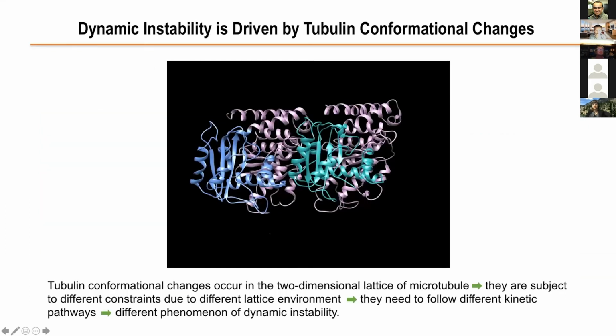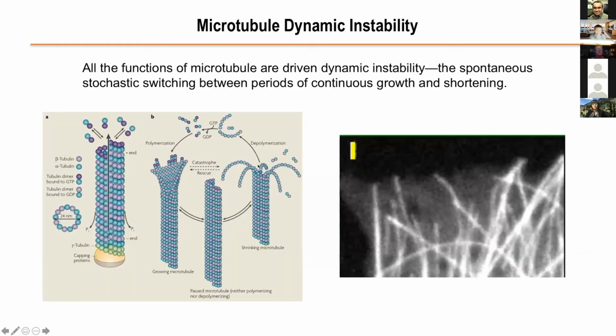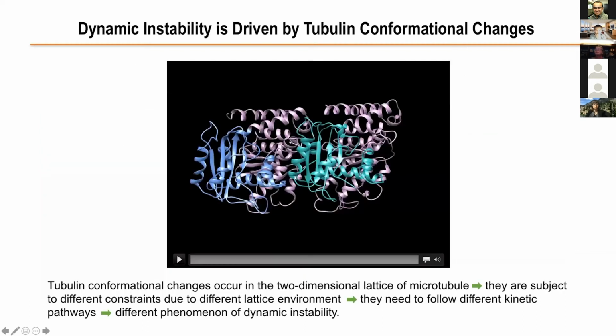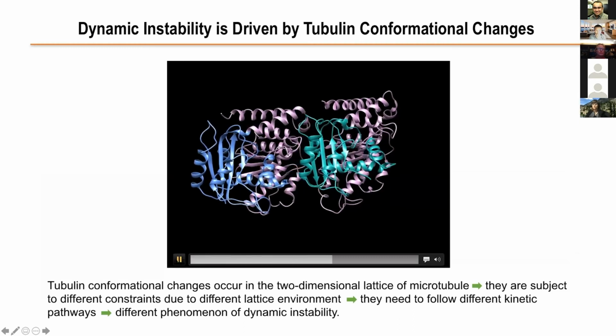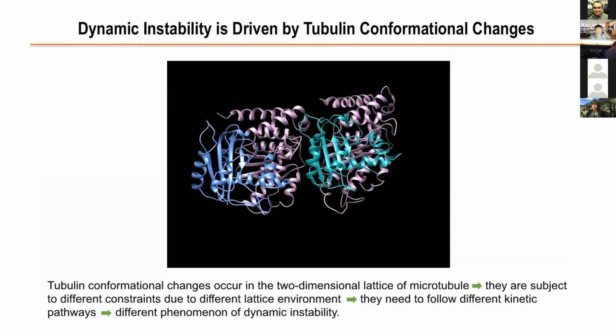And what we found is that dynamic instability is driven by the conformational change of the building block of microtubule, right? Microtubule is really a tube of tubulin dimers. So here is the atomic structure of a tubulin dimer, and it undergoes conformational changes, which is coupled with GTP hydrolysis.